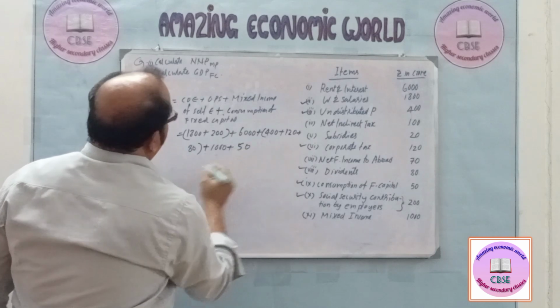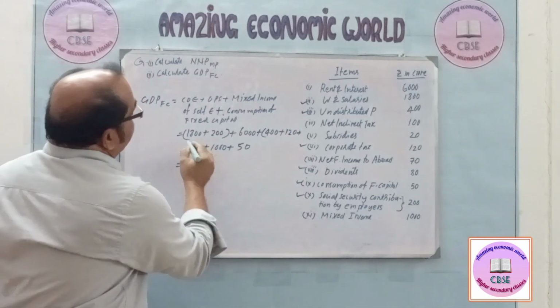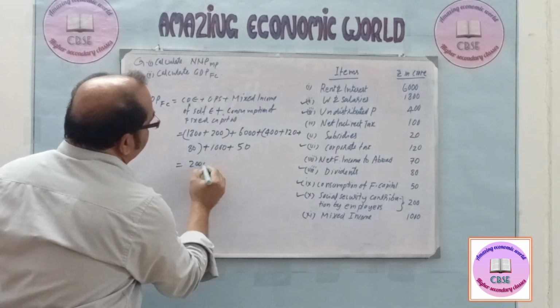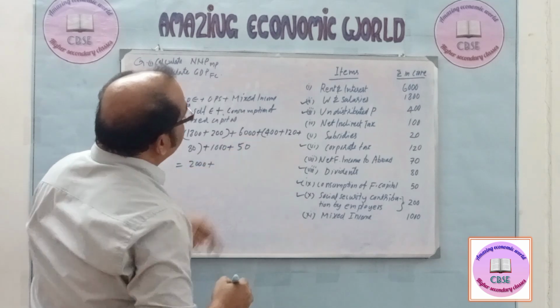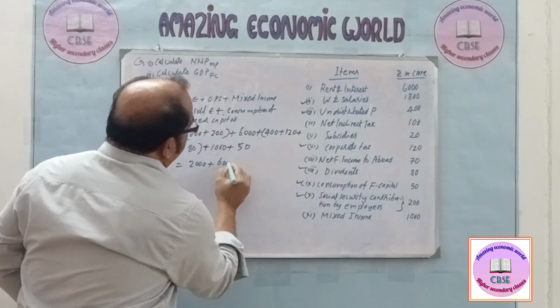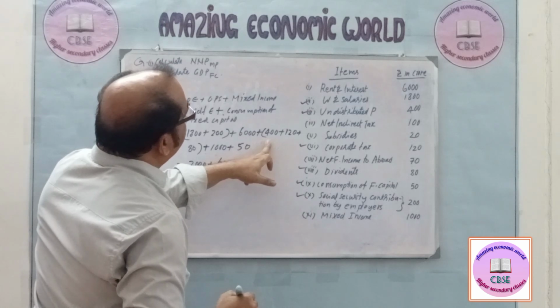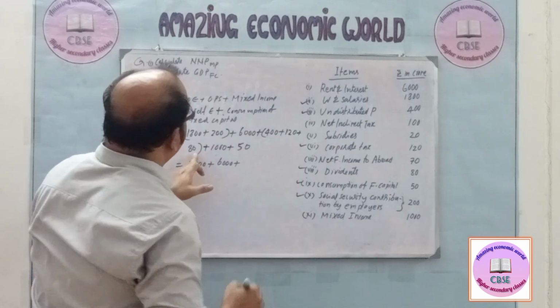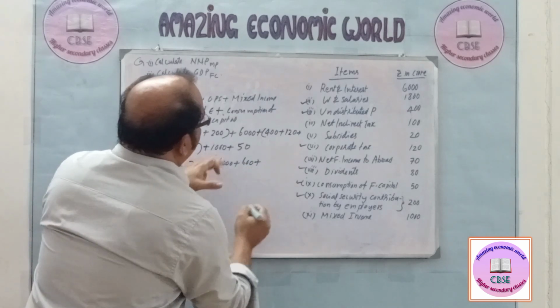Now take this up: 1800 plus 200, 2000, plus here 6000, plus 400, 120, 520, 600, plus 1050.